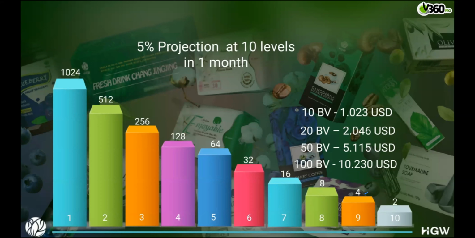This is another calculation. Can you imagine the power of this bonus? Personal sales make you money in different ways. The 5% deduction is from all your profits during the month.